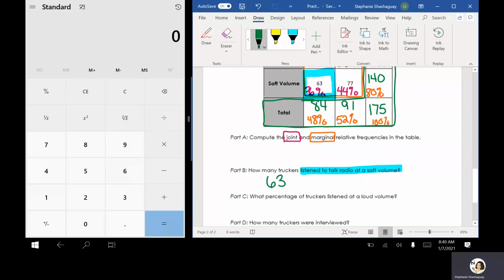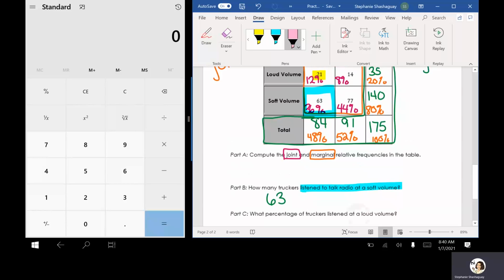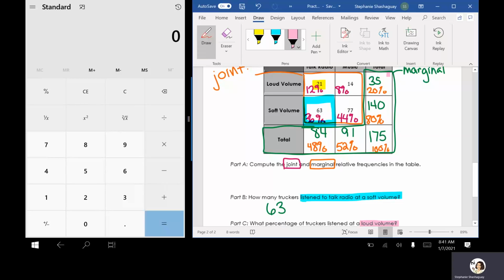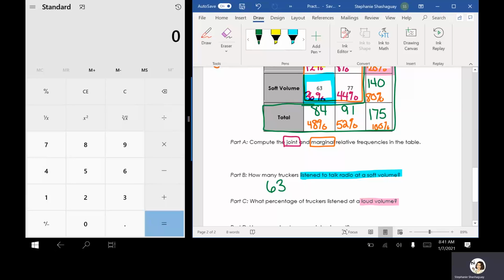What percentage of truckers listened at a loud volume? Now it's asking for a percent, and it wants a percent of just the loud volume. So the loud volume row, what we're going to be looking at is this percentage right here. And we've already calculated that, so we can just fill that in as 20%.